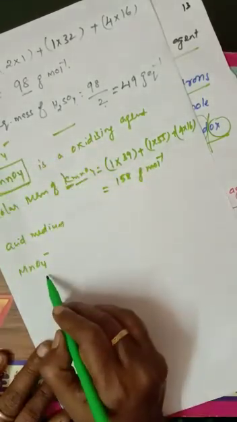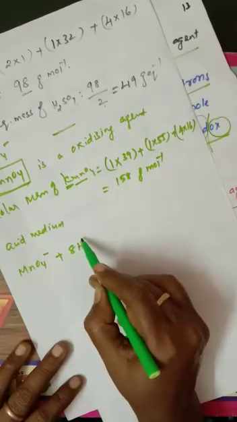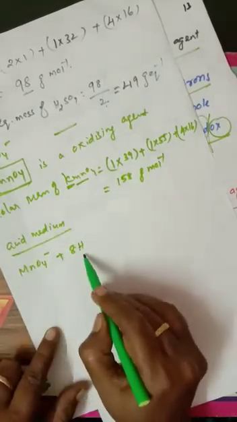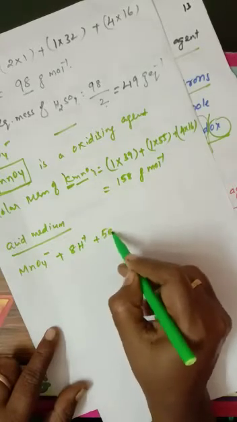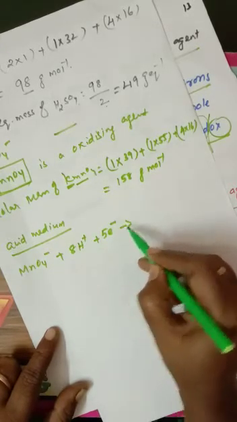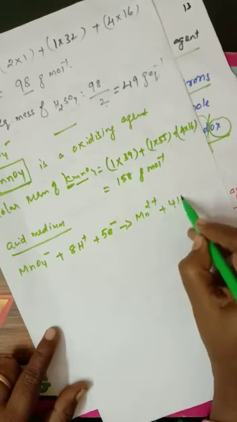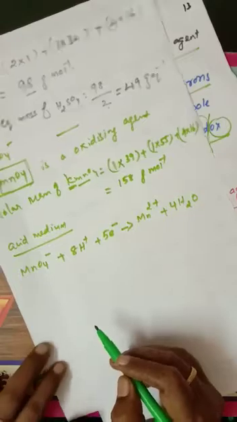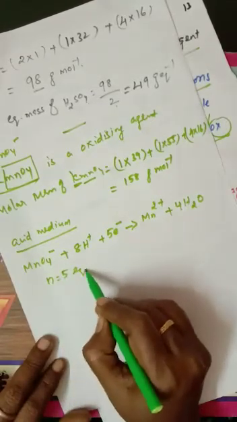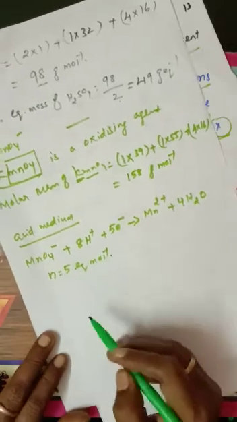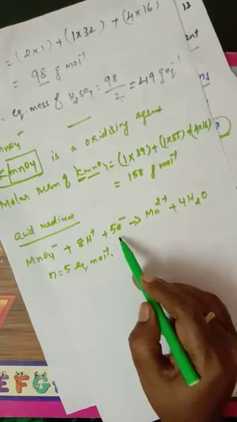So MnO4 minus plus H plus, since in acid medium H plus ions are present, plus 5 electrons releases Mn2 plus and 4H2O. So n is equal to 5 equivalent per mole. First we have to see how we get 8H plus and 5 electrons.